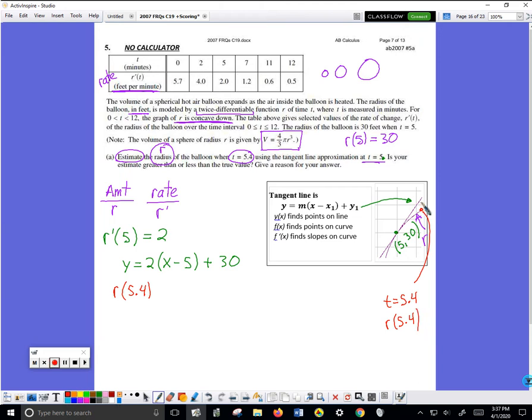But we're going to come up here and find this point on the line tangent at the same time and find this y coordinate, and that is our approximation for this y coordinate. So r of 5.4 is going to be approximately equal to, and there's no need to work this out, you get the full credit. The time we plug in is 5.4 minus 5 plus 30.